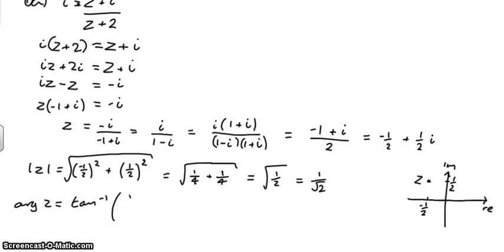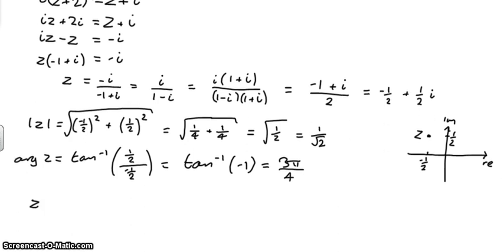It's tan to the minus 1 of a half over minus a half, which is tan to the minus 1 of minus 1, which, looking at our Argand diagram, gives us 3 pi by 4. So, putting it into the form that is required, z equals 1 over root 2 cis 3 pi by 4.